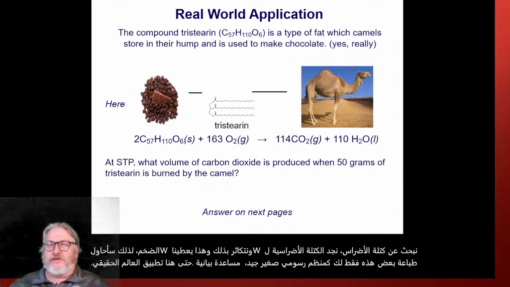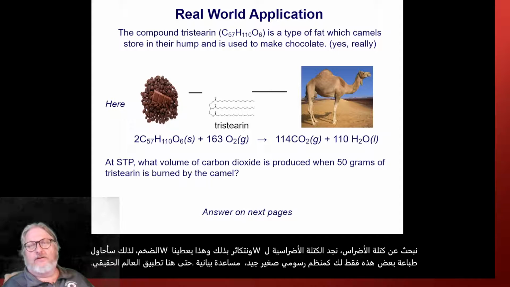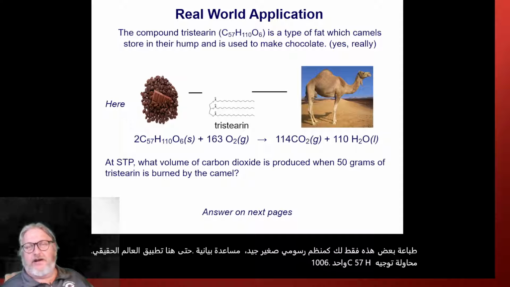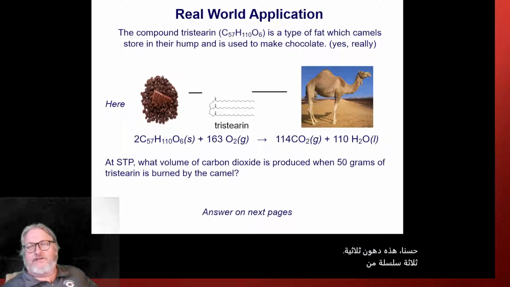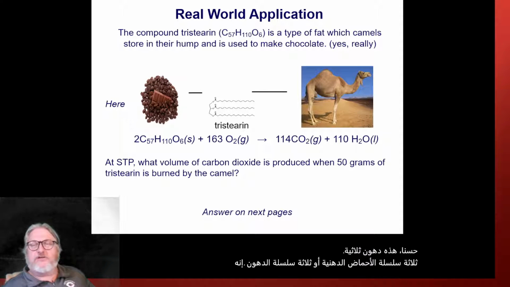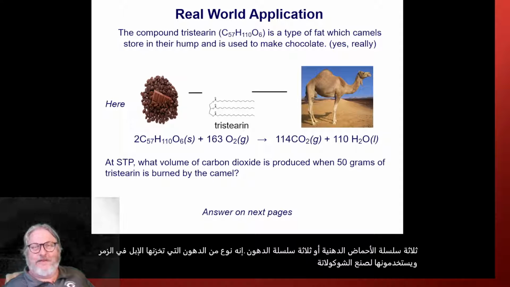Tristyrene, C57H110O6. Okay, that's a triglyceride, or a three-chain fatty acid, or a three-chain fat. It's a type of fat which camels store in their hump, and they use it to make chocolate. Yeah, they really do. All right. So, for chocolate, we're making that.